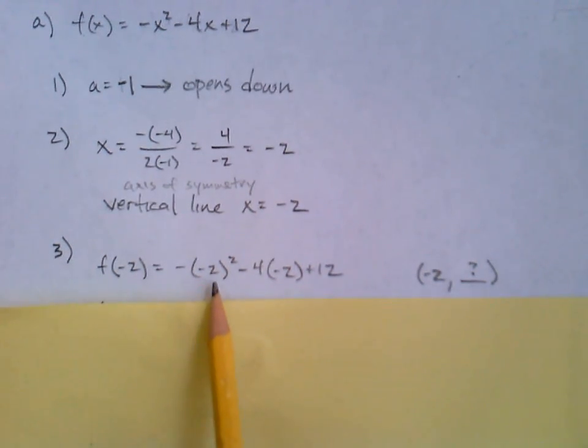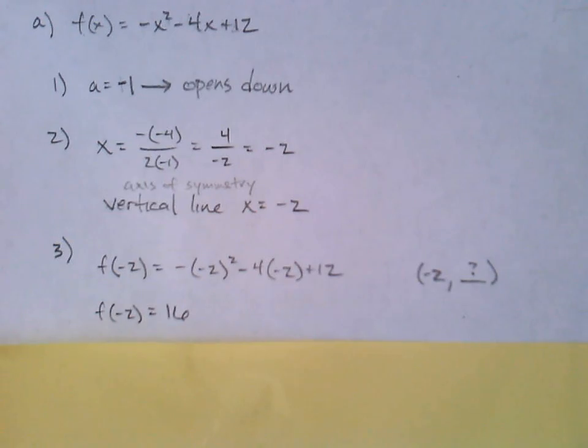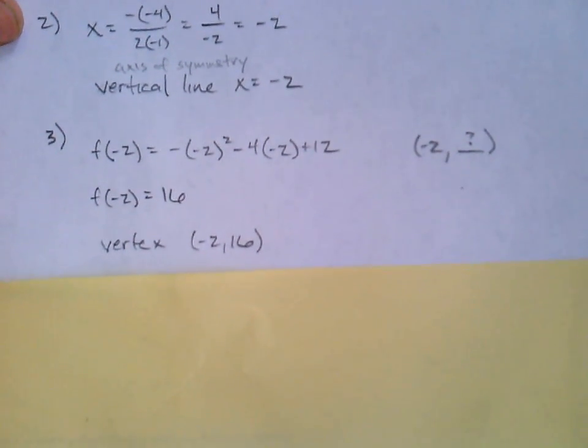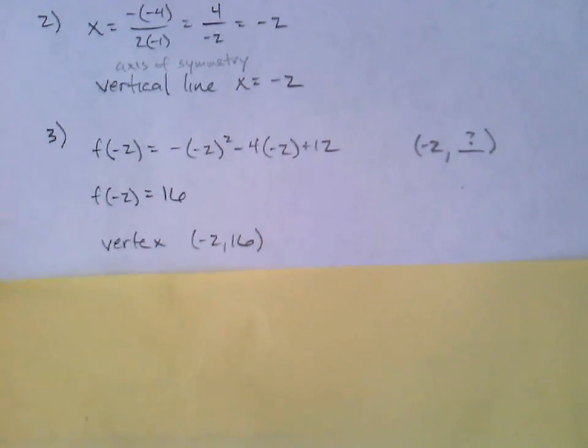So I've got -2 squared minus 4 times -2 plus 12. Plugging that in, this would be positive 4, but then it's negative, so -4 plus 8 plus 12. That gives me 16. So my vertex is the point -2, 16.